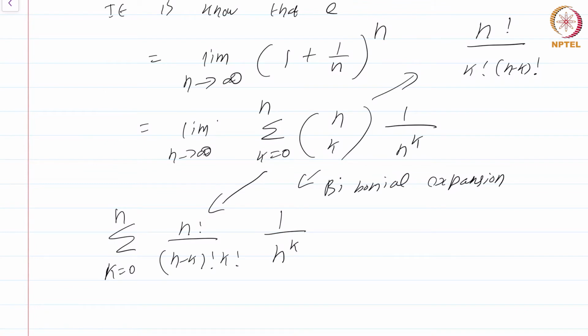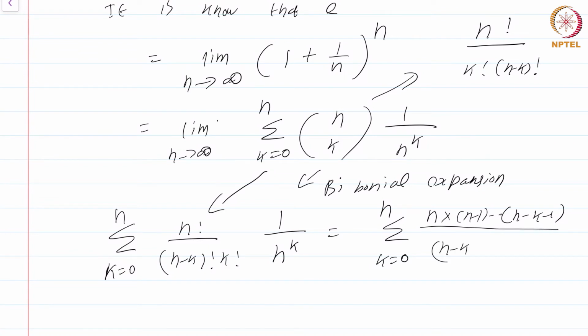Which is just summation k equals 0 to n of n into n minus 1 into dot dot dot into n minus k plus 1, so I'm just essentially cancelling out the n minus k factorial.